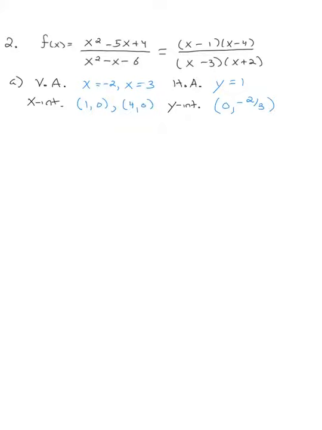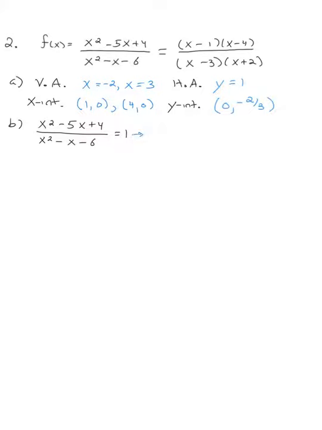But before starting to graph this thing, I'm going to answer the question of, does this function cross the horizontal asymptote, which is 1? I'm going to solve this by multiplying this to the other side of my equation.